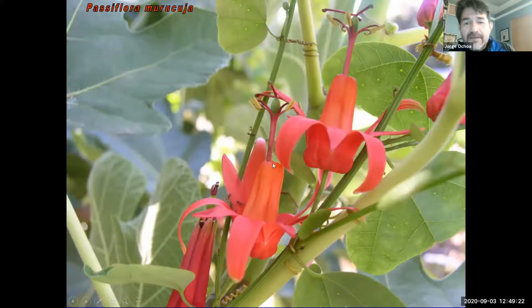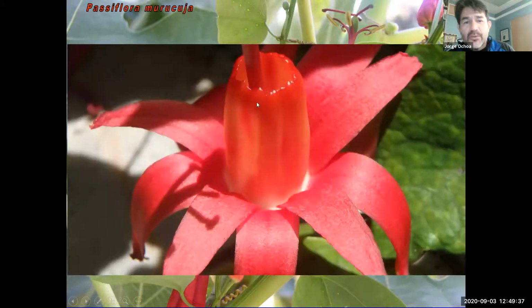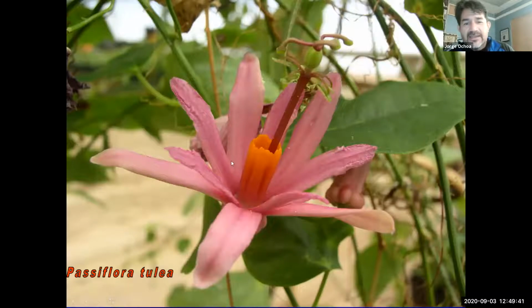The corona filaments have fused, creating a tube to exclude other pollinators. So now it is only for the hummingbirds. So this is Murucuya, and there are the corona filaments. And its close sister, Tetraea, again, the tube is made up of the corona filaments.